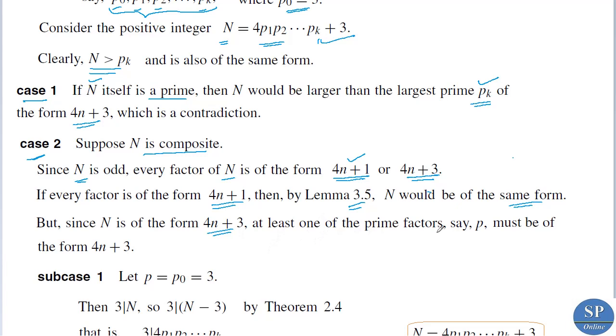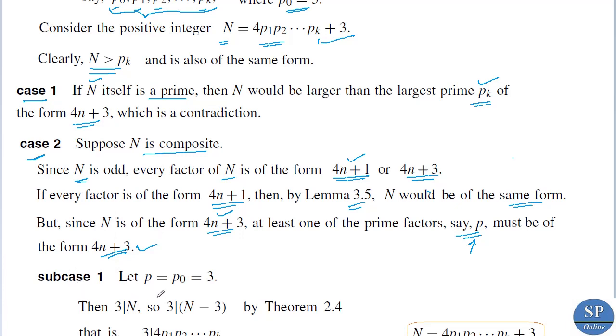So at least one of the prime factors must be of the form 4n plus 3. Let that prime factor be p. So p has the form 4n plus 3, and p is a prime factor of n.